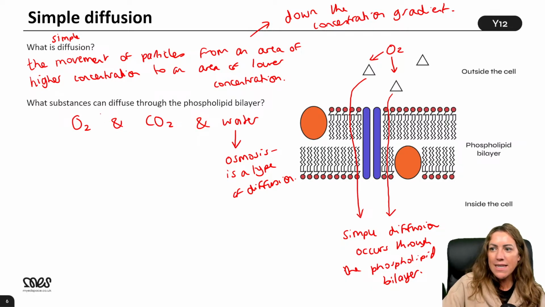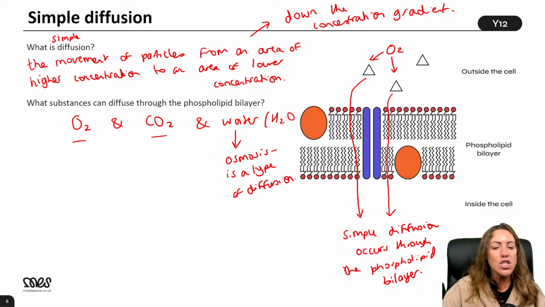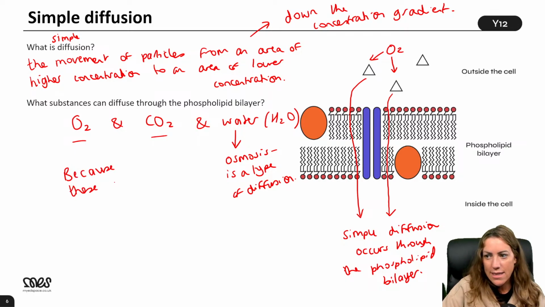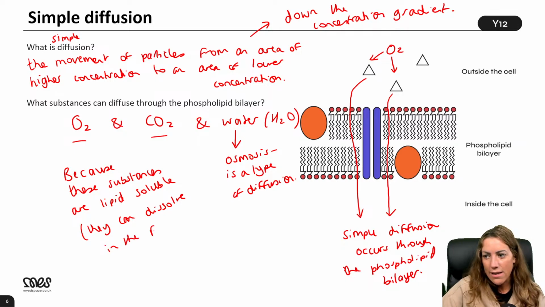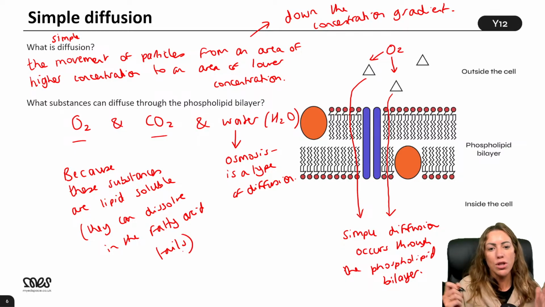So these substances, things like oxygen, carbon dioxide, and water, can just simply diffuse through the phospholipid bilayer. Why? It's because these substances are lipid soluble. Basically, they can dissolve in the fatty acid tails.